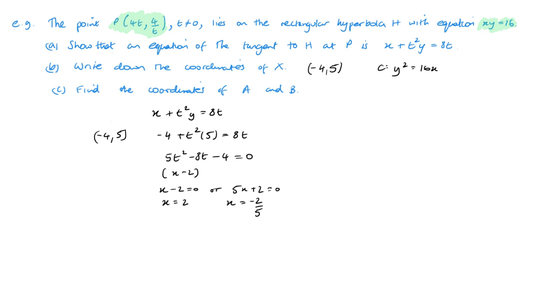So t minus 2 is in one bracket and 5t plus 2 is in the other. And just double check in case this is a fraction, it could have simplified. So 5t squared, 2t minus 10t gives me minus 8t, and minus 2 times 2 is negative 4. So there we have our values of t.